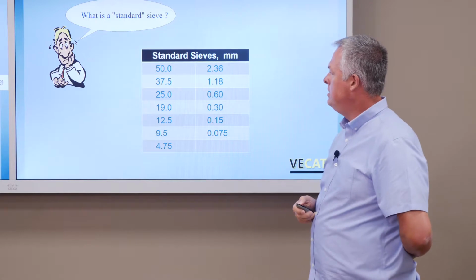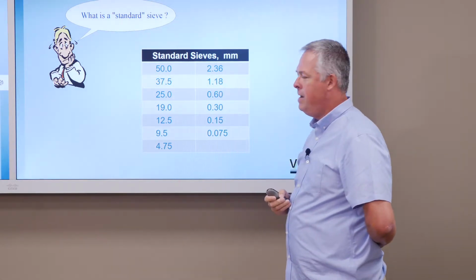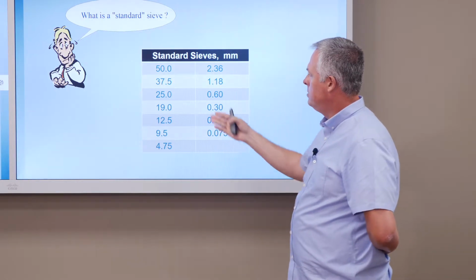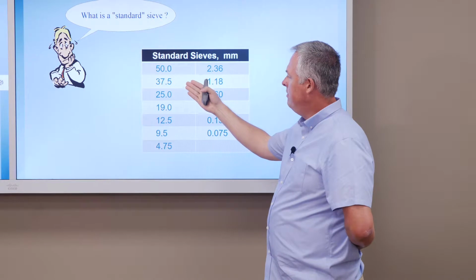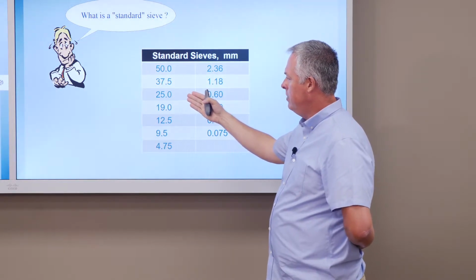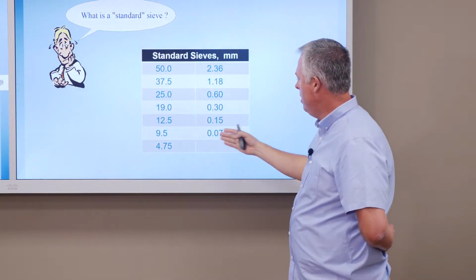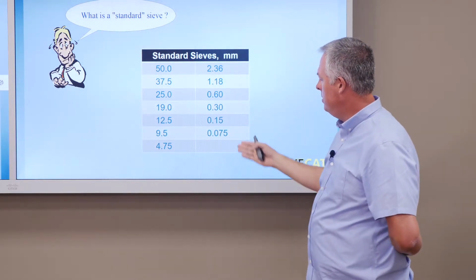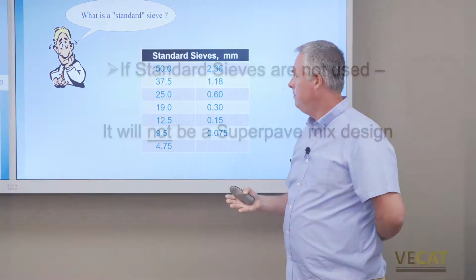So what are standard sieves in Superpave? As you notice, all of our standard sieves are in metric. We're starting here at the 50, that's the 2-inch. The 37.5 millimeter is 1.5 inches. The 25 millimeter is 1 inch. The 19 millimeter is 3/4, and so on, all the way down to the 0.075 millimeter, which is your 200 sieve.